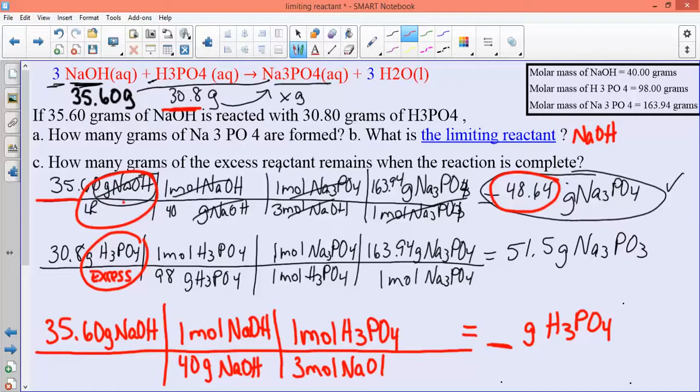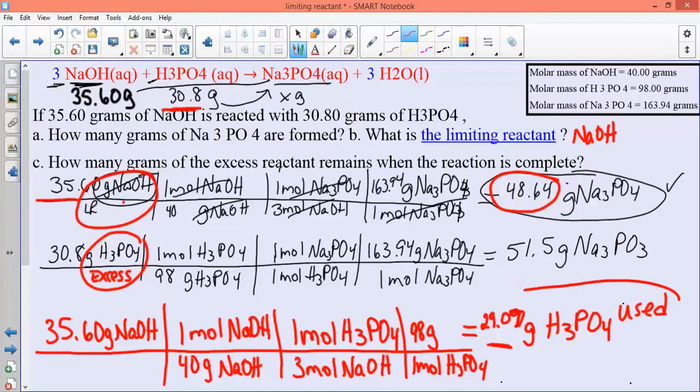And then I want to do the molar mass of phosphoric acid, which is 98 grams. 98 grams of phosphoric acid in 1 mole of phosphoric acid. So do the math. 35.6 times 98 equals, divided by 40 equals, divided by 3, and I get 29.077. This is how much is used in the reaction.